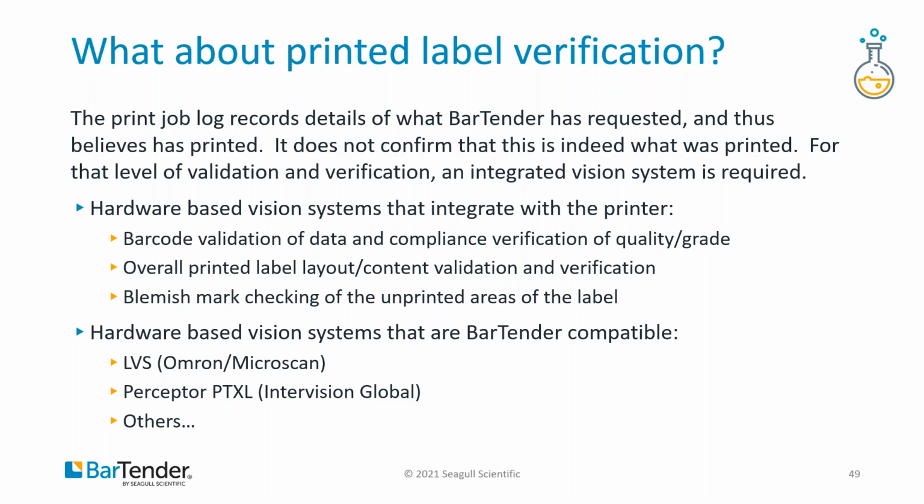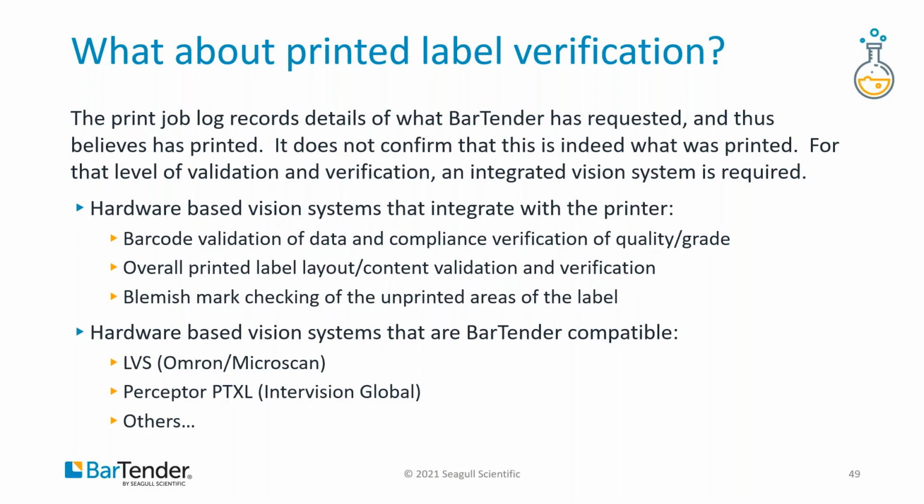These vision systems will allow you to define the criteria of the label layout, including barcodes, so that can then be validated and verified to make sure that text and barcodes and pictures and whatever information is expected is indeed what has printed.